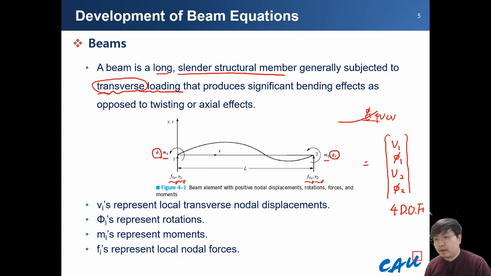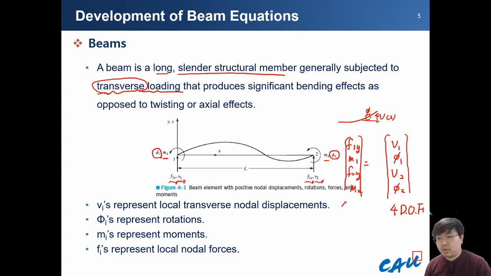And then also the force vector. In the force vector, there is a force element at the first node and the second node, and at each node we have some moment resistance.